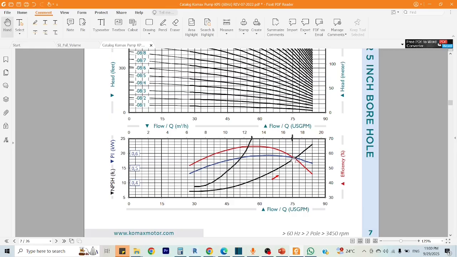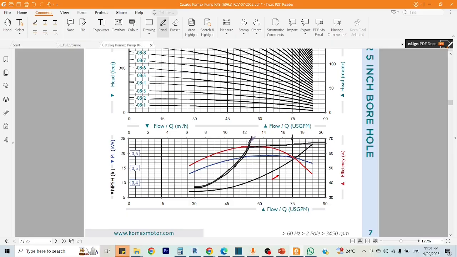At this point you can see it will consume minimum power, you can say optimum power, and efficiency is also highest at this point. But if our system curve is like this, here you can see efficiency is more, almost 68%.